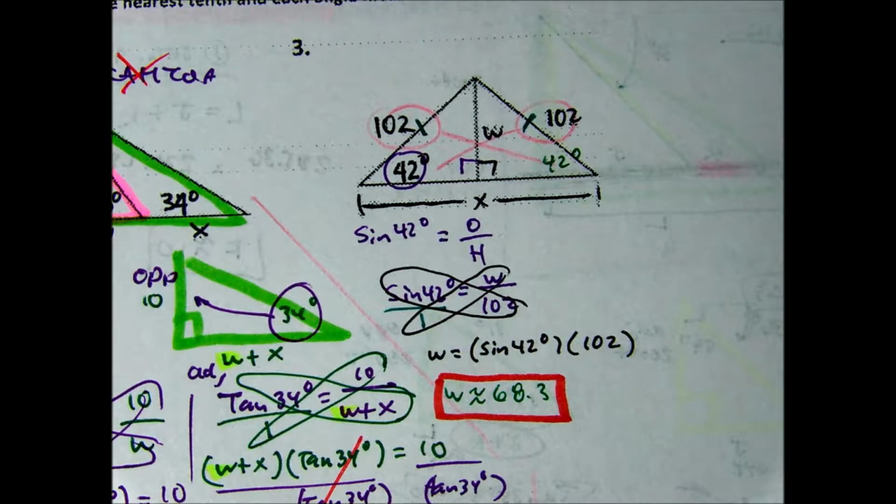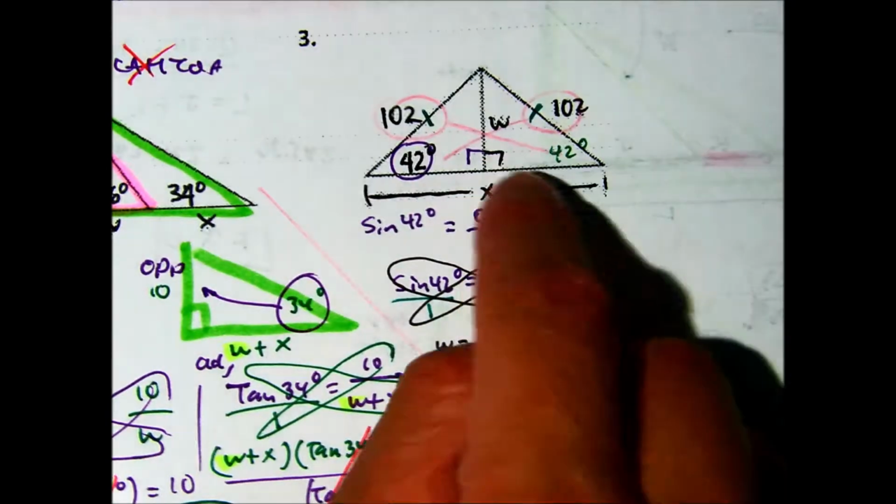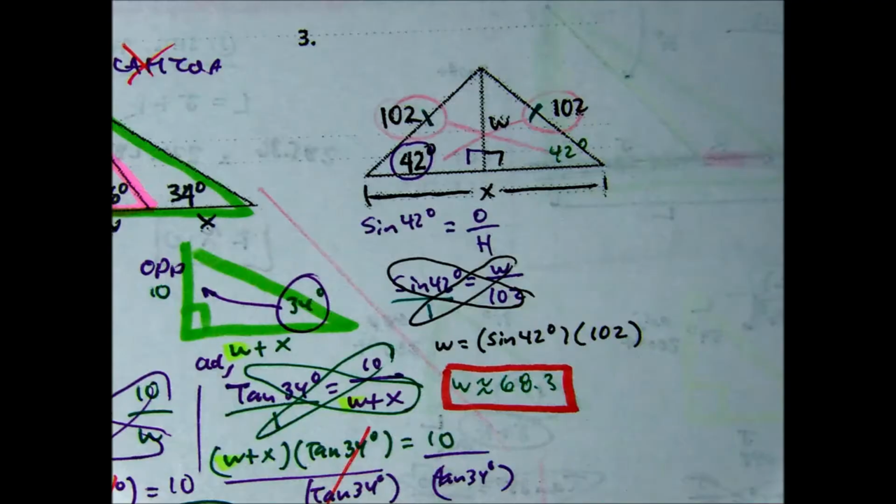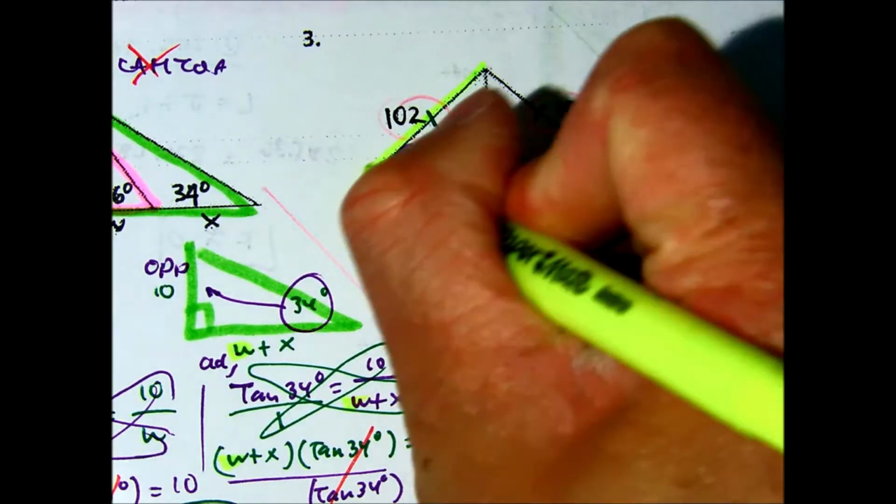Okay, there's a couple of ways of solving the next problem. Now, here's a question. On the big triangle, let me highlight that for you in yellow. Talk to your partner. Can you use trigonometry? Can you use SOHCAHTOA?